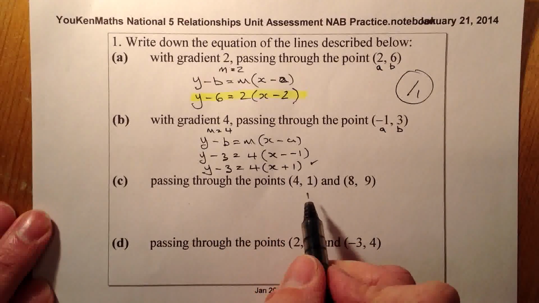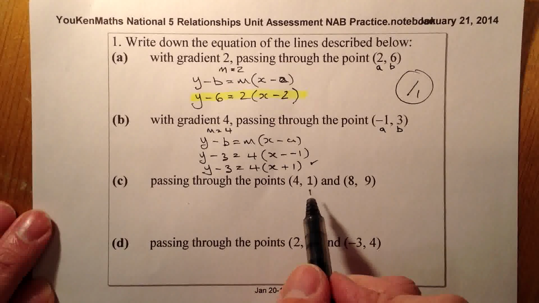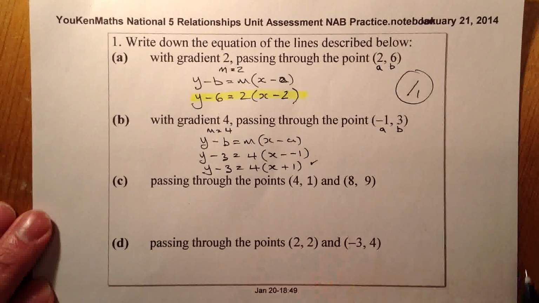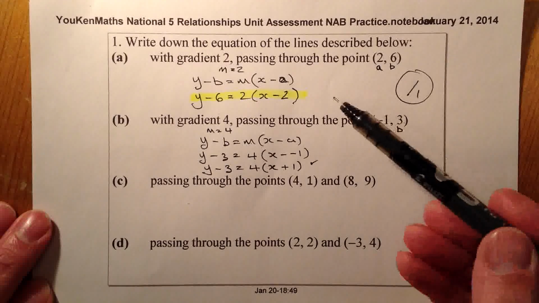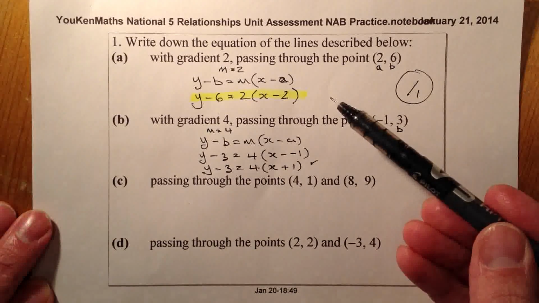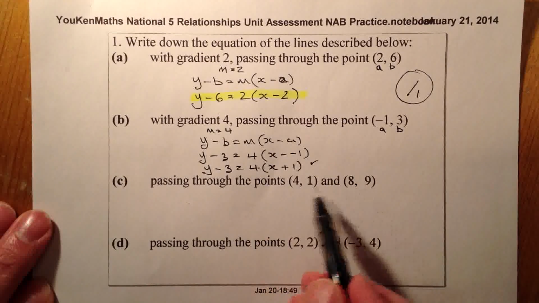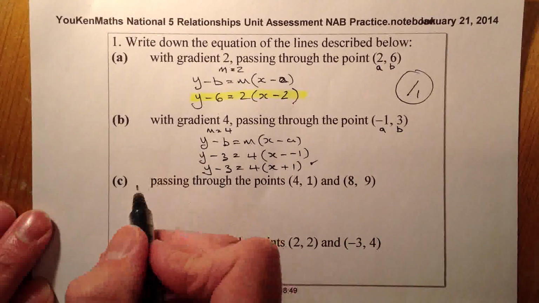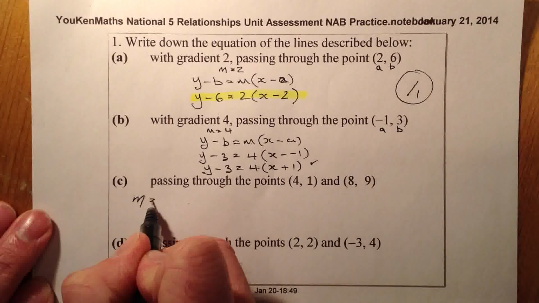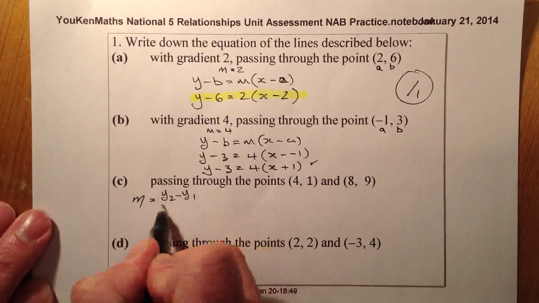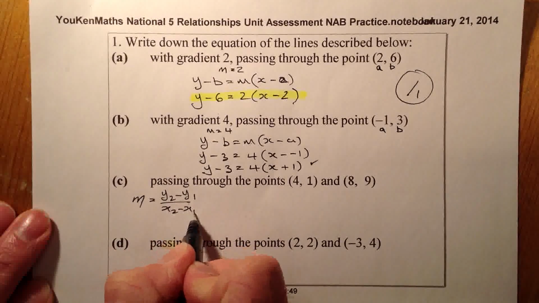Right, this one here is a bit different. What we don't have here is the gradient, but I've got 2 points. So possibly this could be some sort of a question that you could be asked, although these ones here look a bit easier and more like the NAB or unit assessment level. Let's try this one here. First of all, I need to have a gradient, so let's work that one out. I should remember that the gradient is equal to y2 minus y1 all over x2 minus x1.